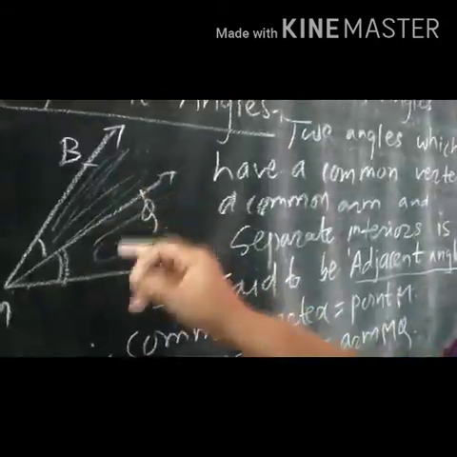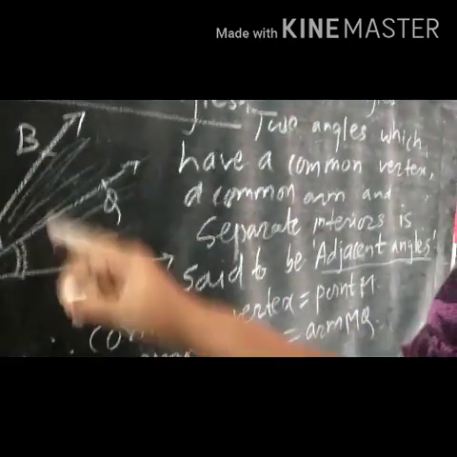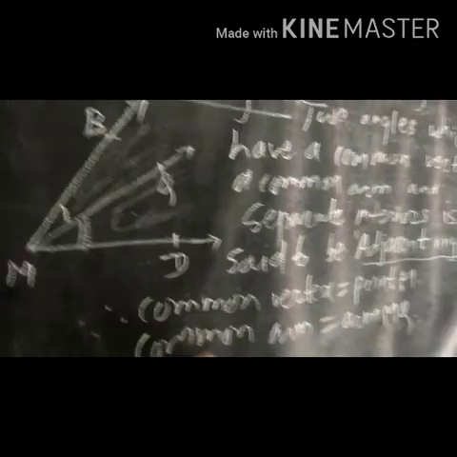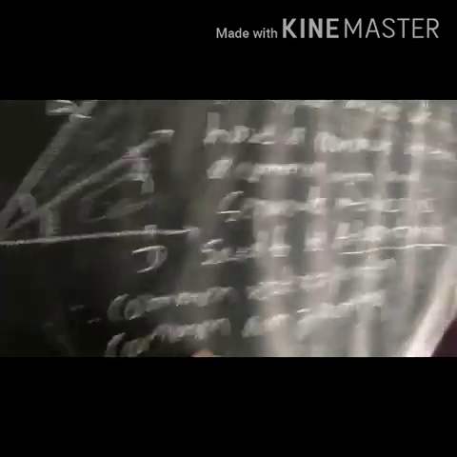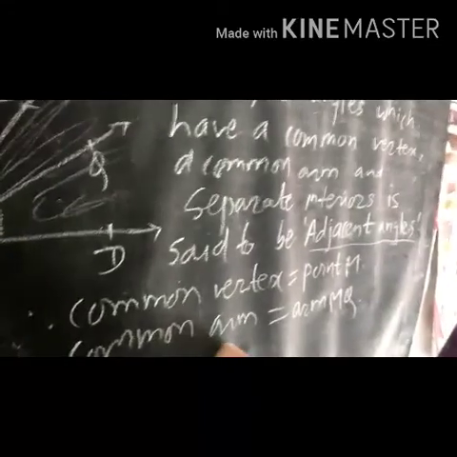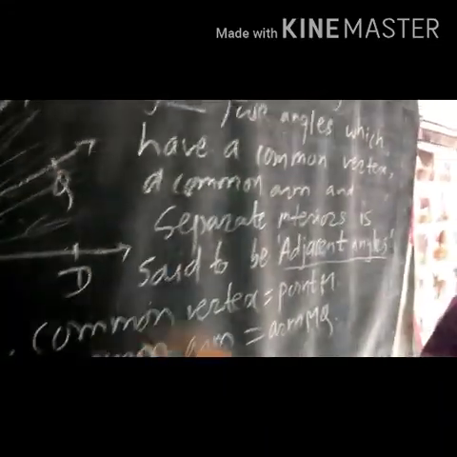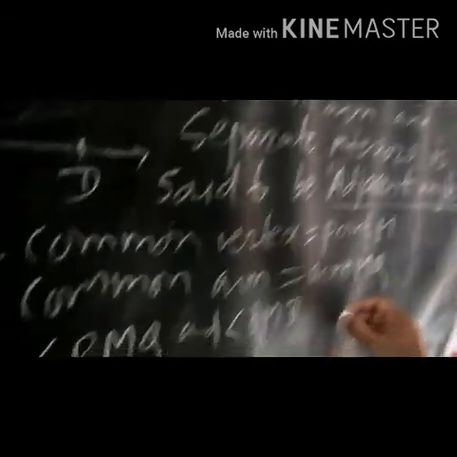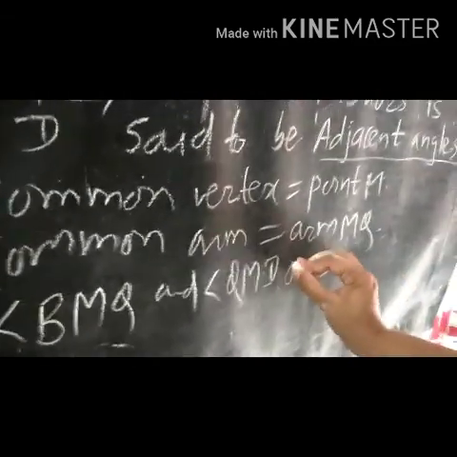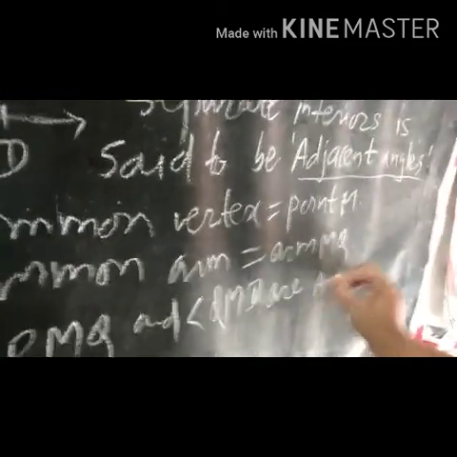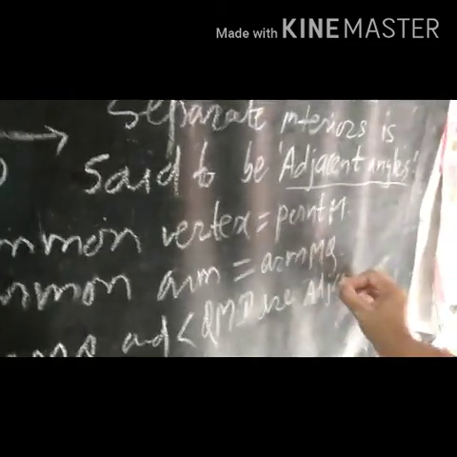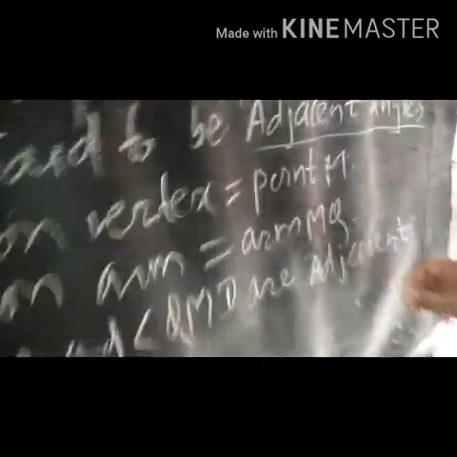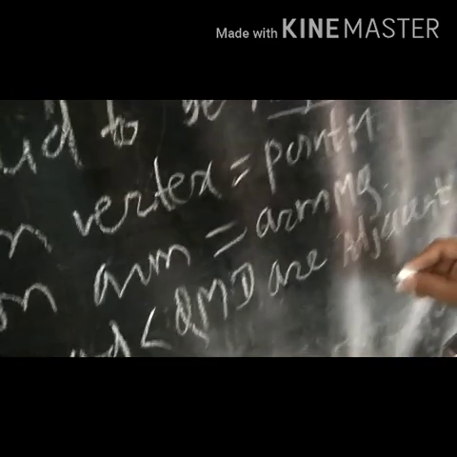Both are having separate interiors, and therefore these two angles are said to be adjacent angles. Therefore angle BMQ and angle QMD are adjacent angles.